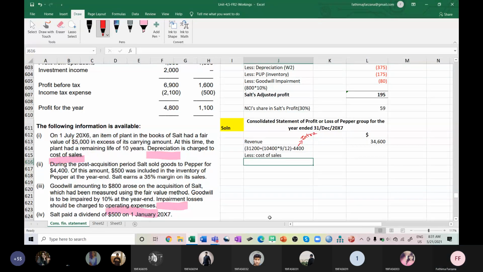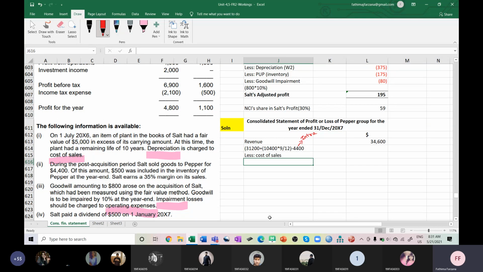You are removing the entire intra-group sale, 4,400, and since the cost of sales includes that, you are reversing that 175. Inventory is a closing stock, and closing stock normally we subtract. Cost of sales formula is opening stock, add purchase, less closing stock. So since it is deducted, you are adding back 175.